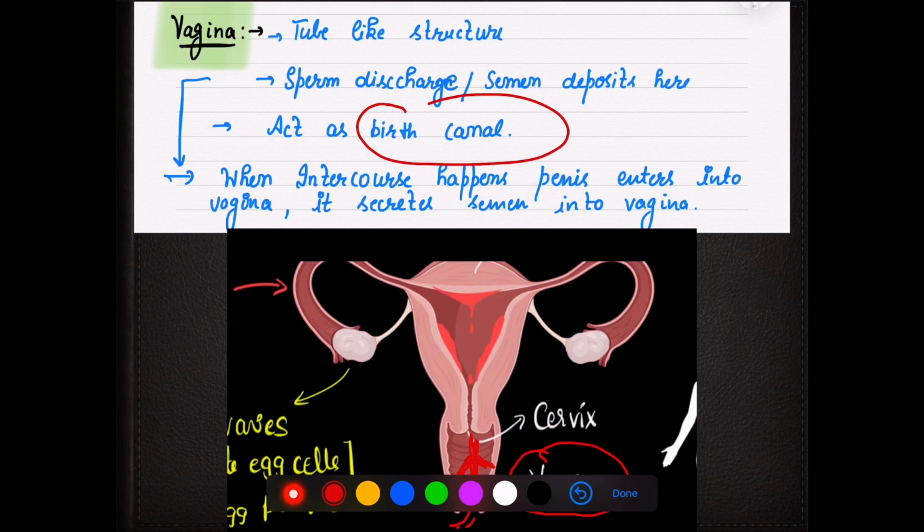Which is the site of fertilization? That is the fallopian tube. Which acts as the birth canal? It is the vagina. So when intercourse happens, the penis enters the vagina, it secretes semen here, and from this area the sperms travel into the fallopian tube.